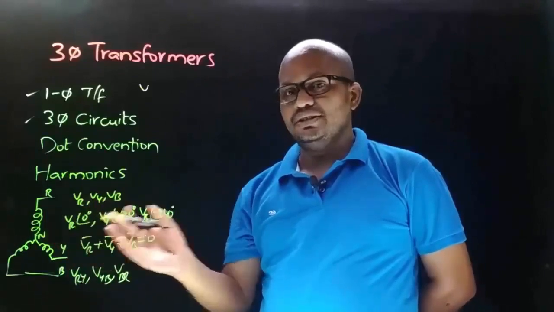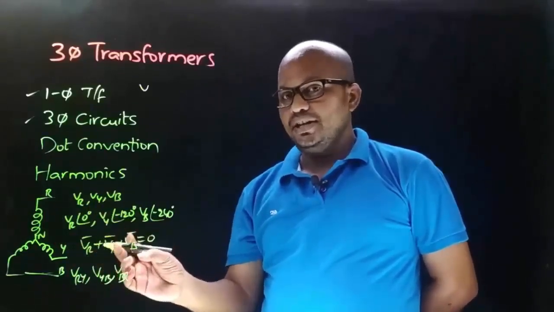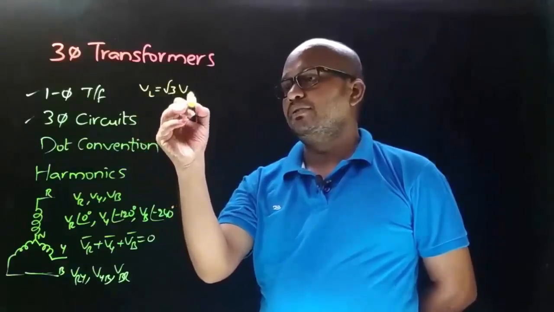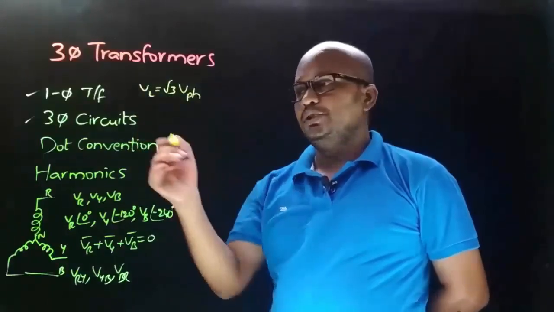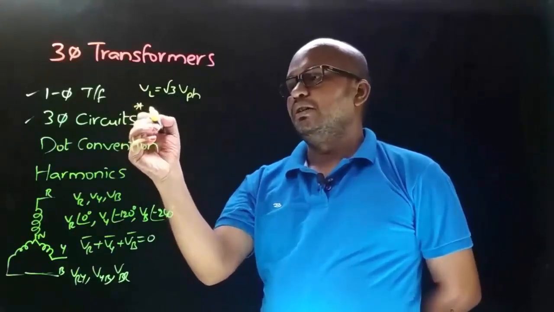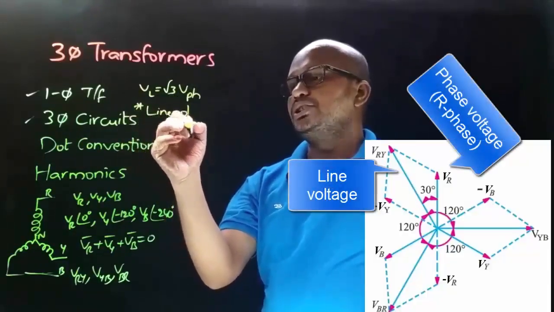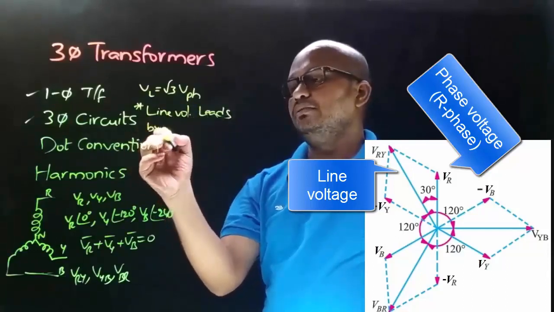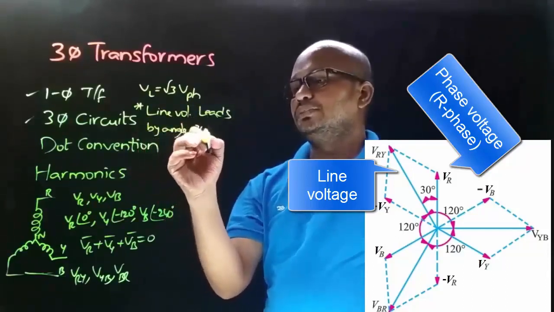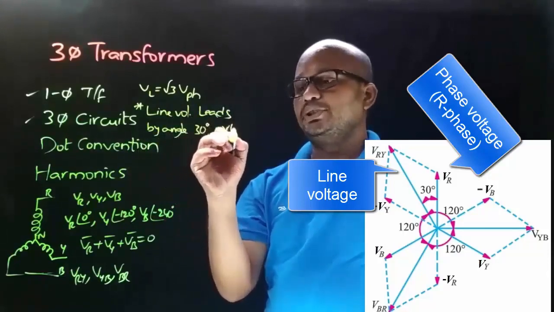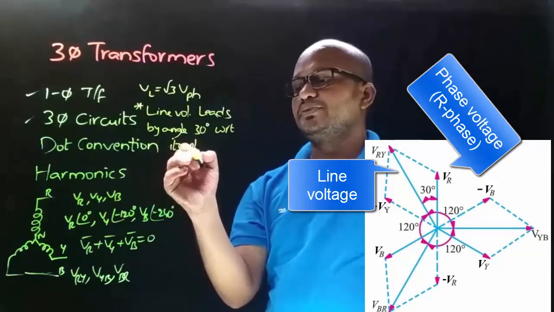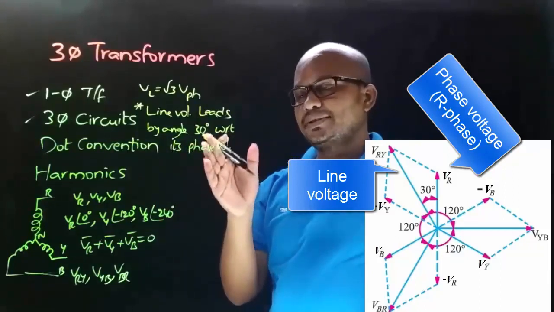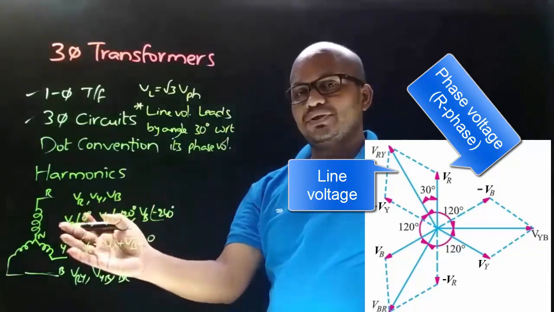Here in star connection, the relation between line voltage and phase voltage is V line equal to root 3 times V phase, and you must remember that line voltage leads its phase voltage by an angle of 30 degrees.